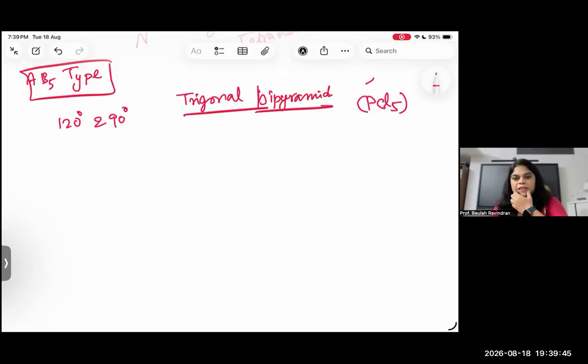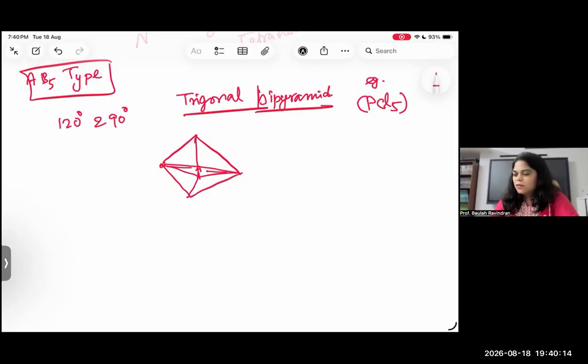And I will let you know how it will be. I have to draw the bipyramid like this. So this is how I should draw it.